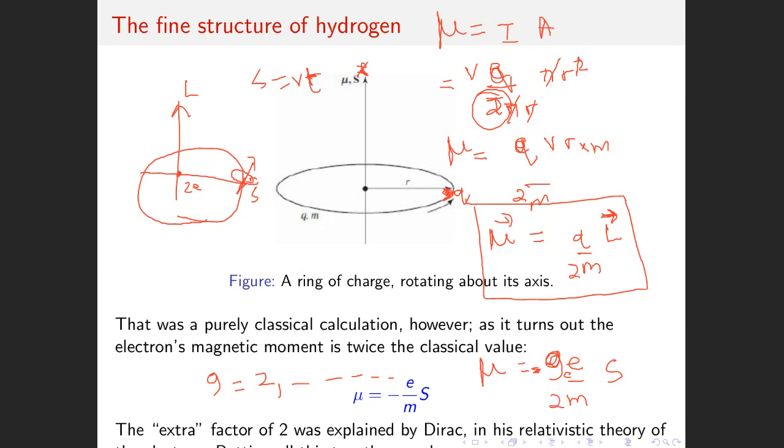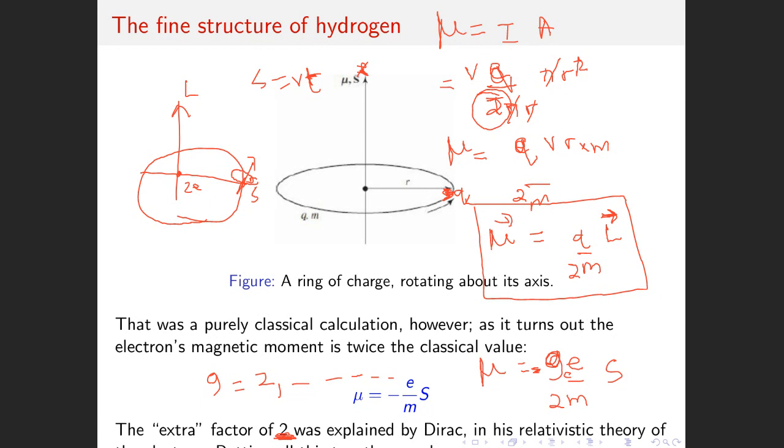Just redo the calculation and make sure that the factor of 2 is there. Quantum mechanically, the same expression will hold, only that there will be this fudge factor of g, which works out to be 2 in the Dirac theory. But it's not really true.